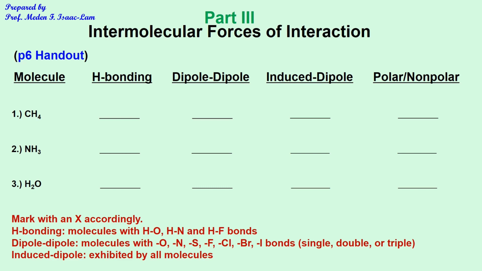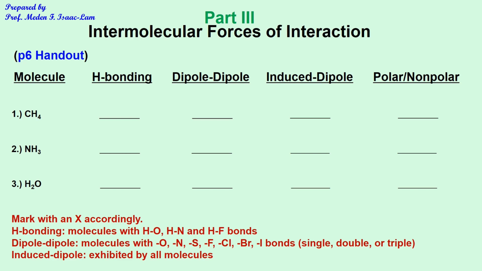H bonding is going to be exhibited by molecules with H-O, H-N, and H-F bonds. Dipole-dipole: molecules with an oxygen bonded to a carbon or an H, or to an N, or to an S, or to an F, a Cl, Br, or I. It can be single, double, or triple bonds.